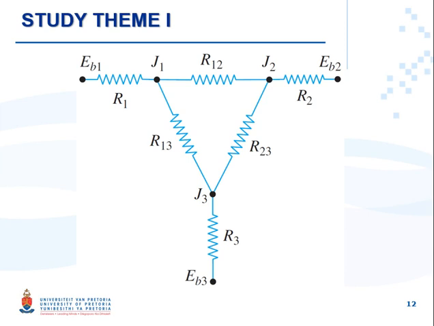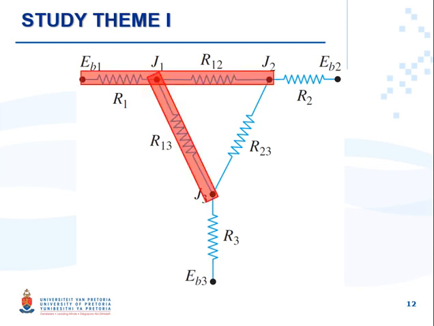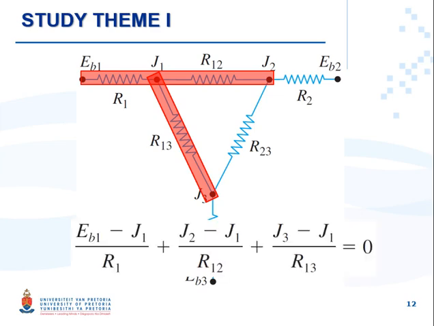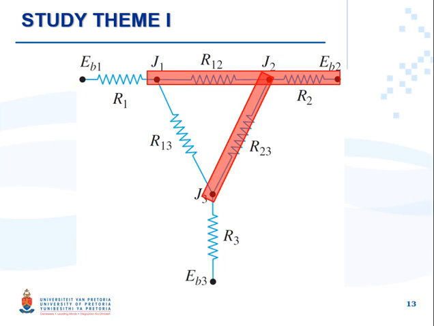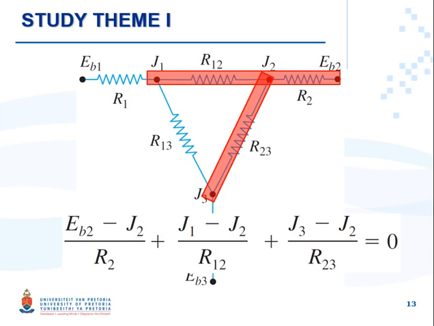First, we are going to start from here. As you can see, we start from point A, we go. This is our first equation. We start from point 2, and this is our equation.